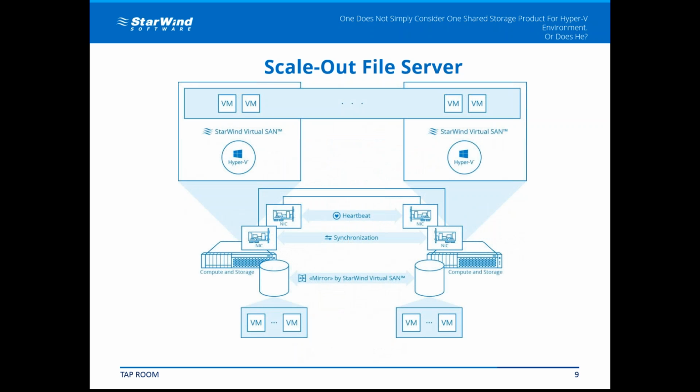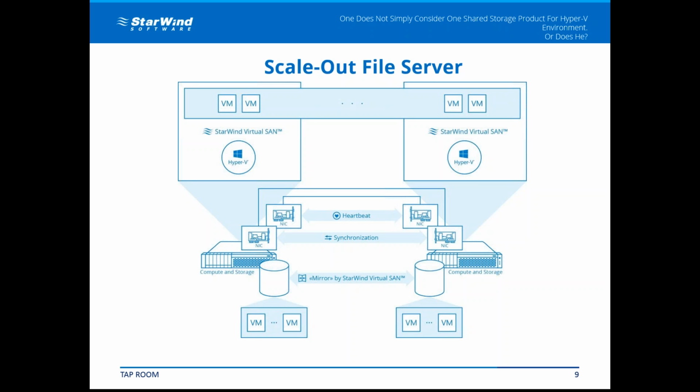StarWind replaces block backend for scale-out file server, resulting in significant capex and opex decrease. That's achieved through storing the data on not expensive SATA spindles. StarWind increases the performance by allowing to use the uber-fast PCI flash for level 2 or data storing for level 2 caching, I mean.